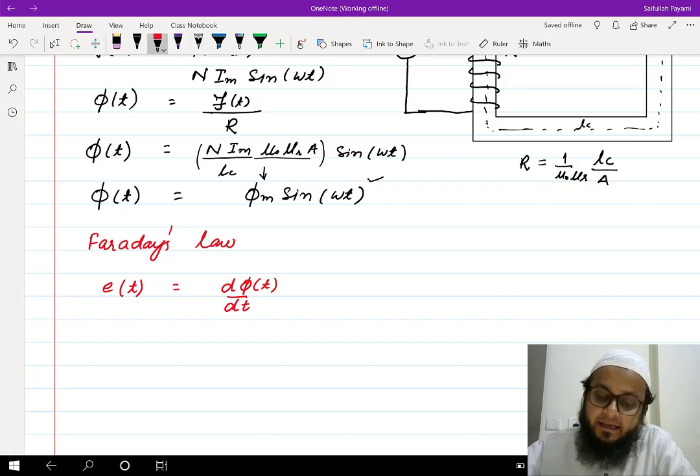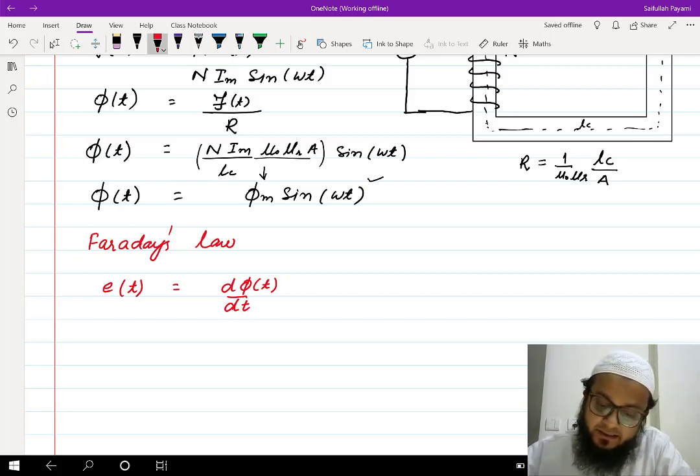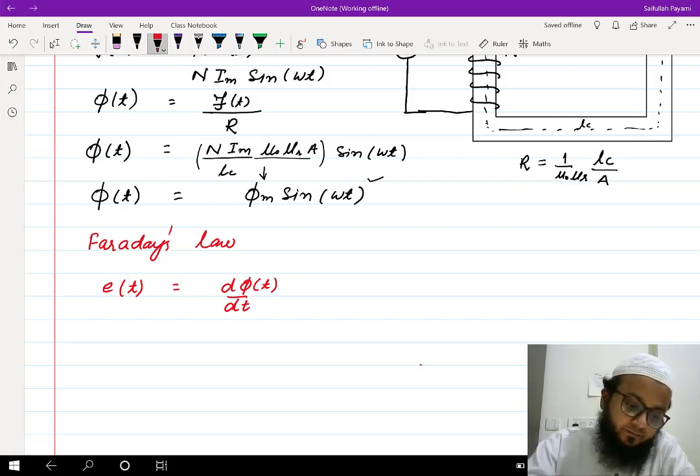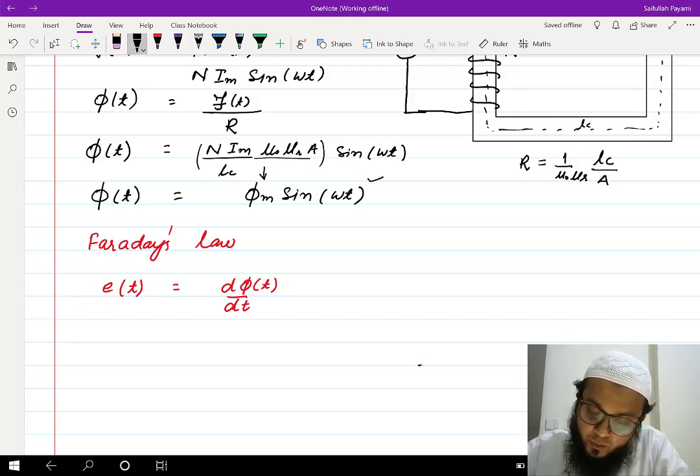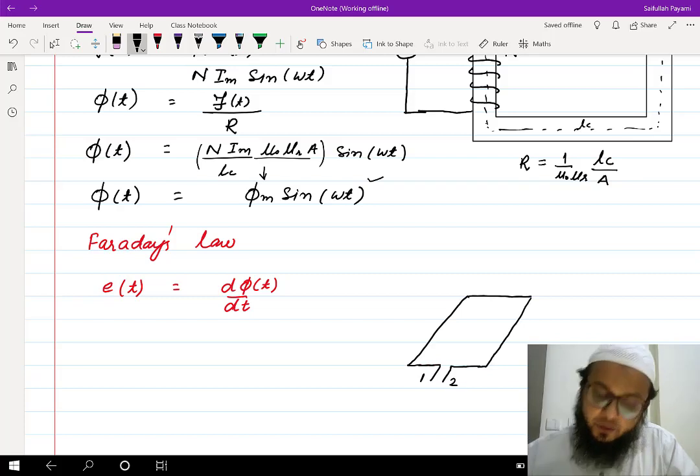If that flux is linking a coil, let's say, instead of taking the big previous example, for the sake of simplicity I will just take one loop here. Let's say this is terminal 1, this is terminal 2. Okay.